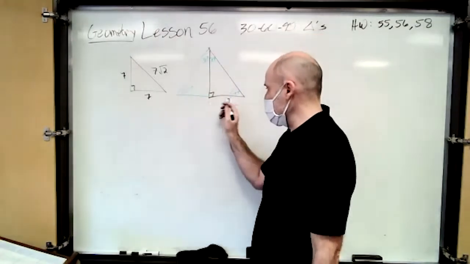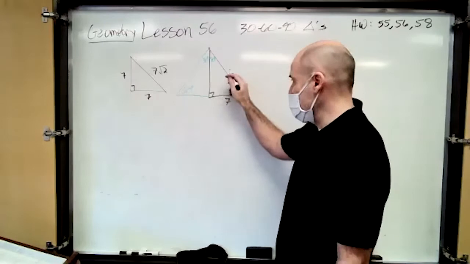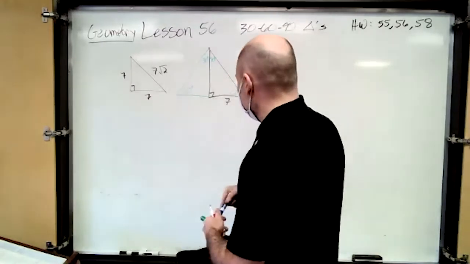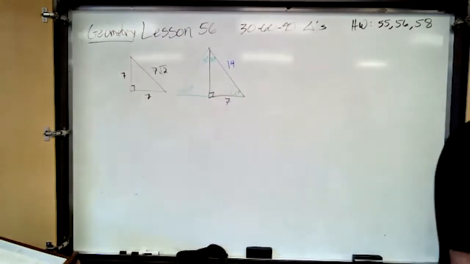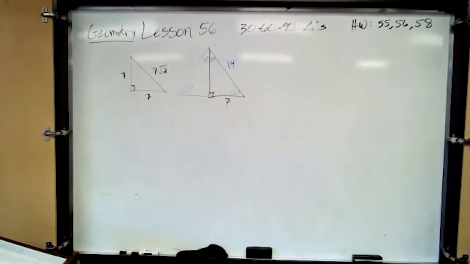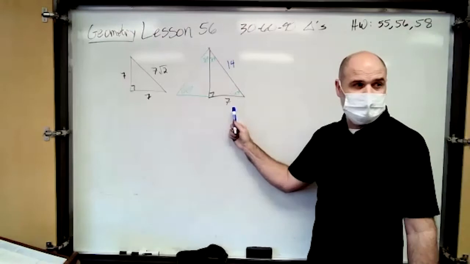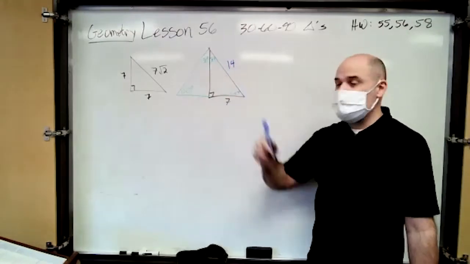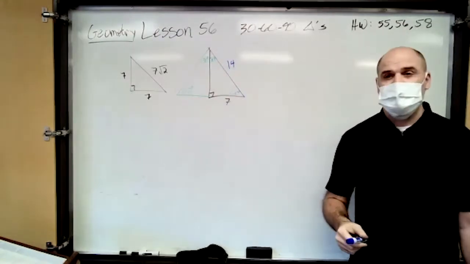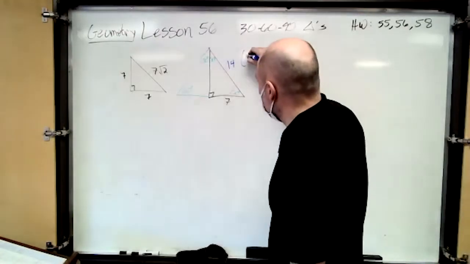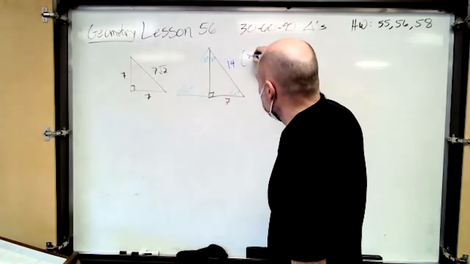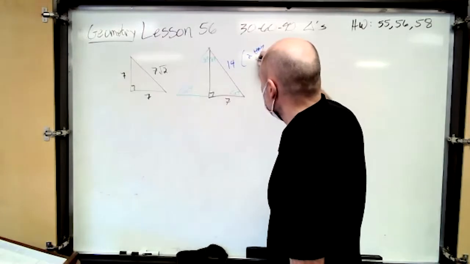So if this is 7, which is half of a side, what's this? That's going to be 14, right? So in a 30, 60, 90 triangle, if you have the short leg, the hypotenuse is going to be twice the short leg. So this is always 2 times the short leg.